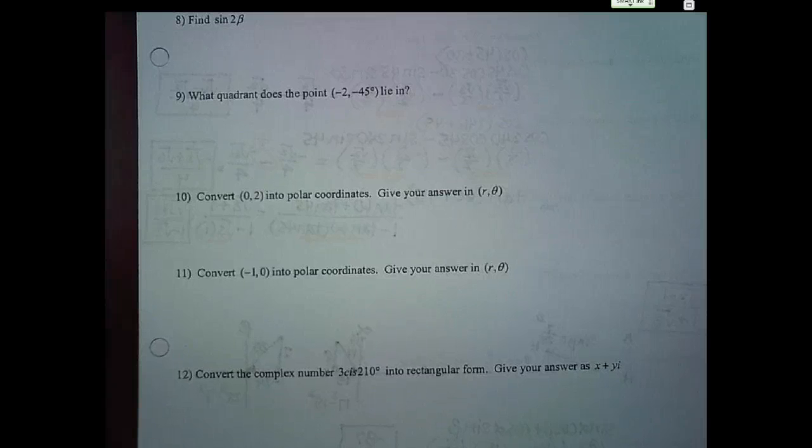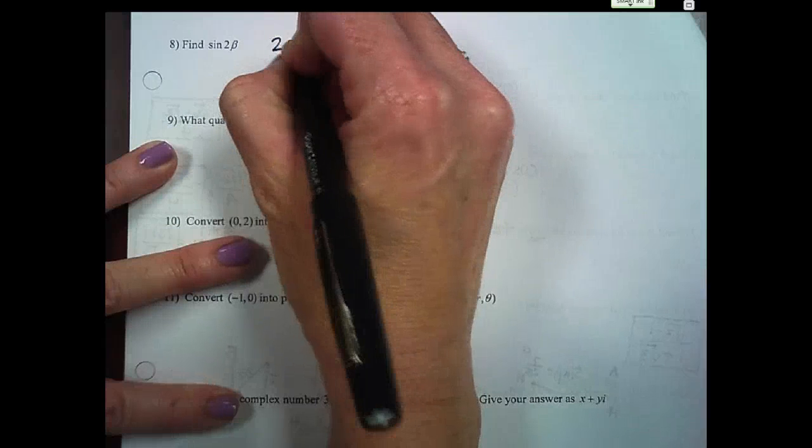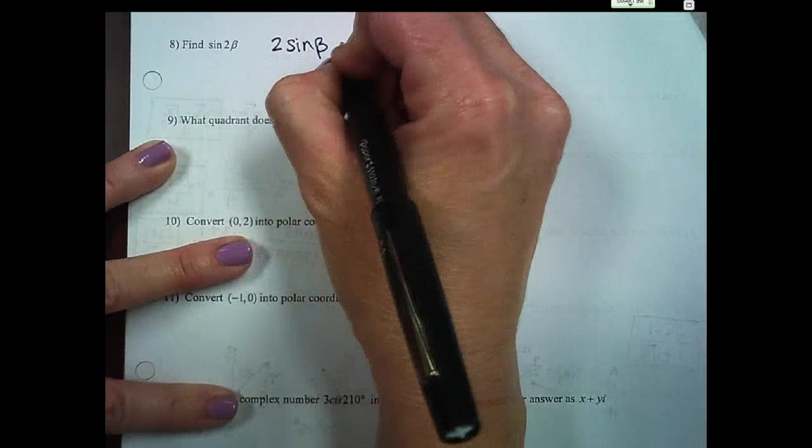Find the formula sine of 2b. Sine of 2b. Does it matter that there's not a b on there? No, just use alpha. It's the same formula. So I'm just wanting you to take 2 times sine of beta cosine beta.